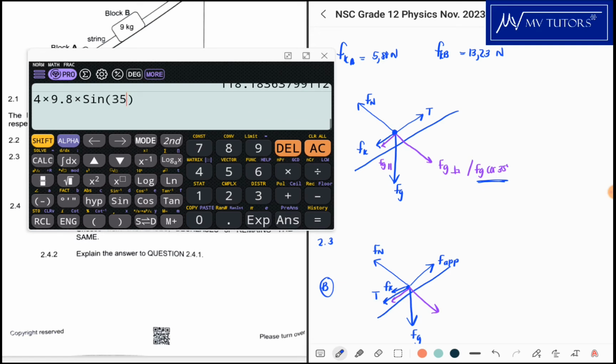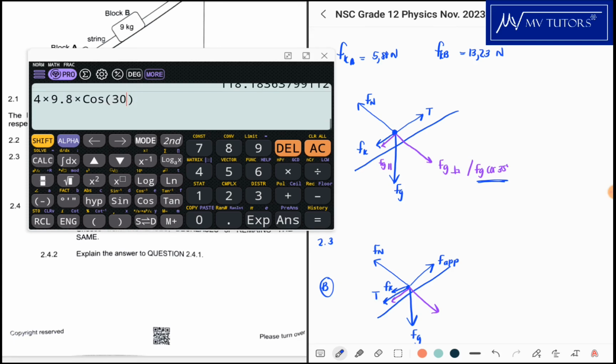Now if we decrease sine 35, no, I'm using the wrong one. 4 times 9,8 times cos, because we're looking at the perpendicular component. So we have cos 35. So our answer would be 32,11. Now what if we reduce it now? This is from cos 35 to cos 30. Your answer is 33. Do you see that it's increasing?